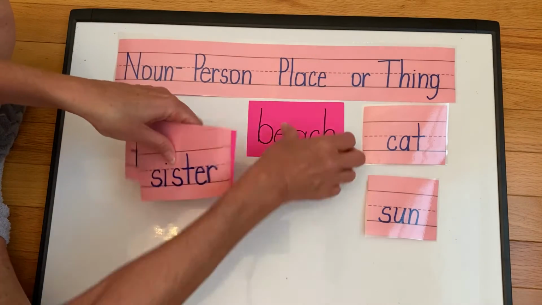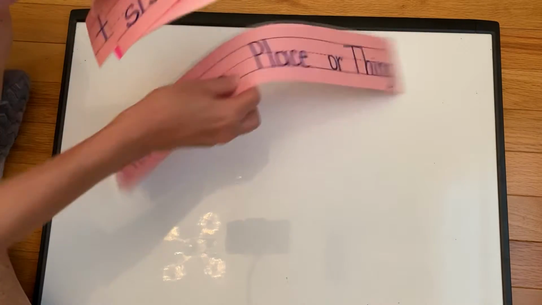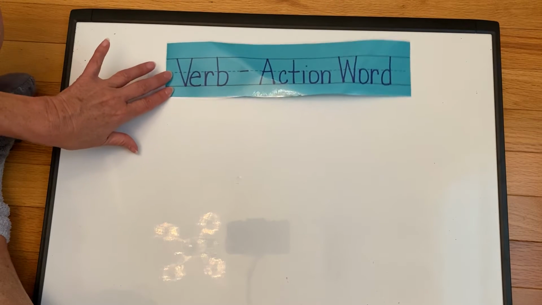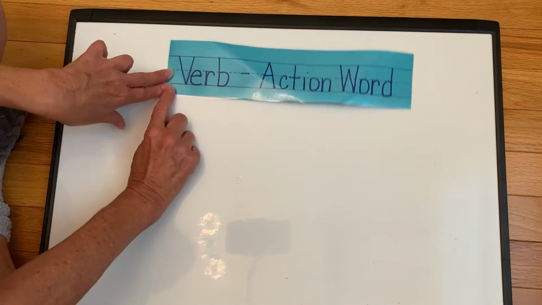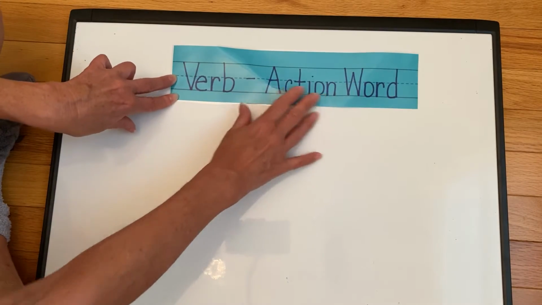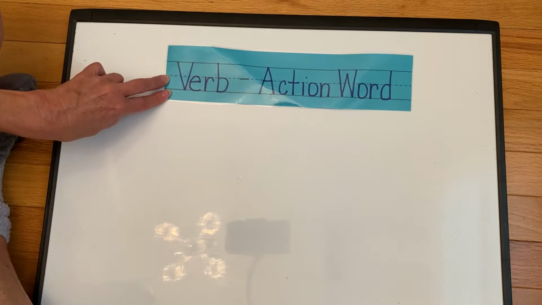The second review that I want to do is review this part of speech. Remember, this is kind of a little wrinkled, sorry about that. Before spring break, we talked about what a verb is.